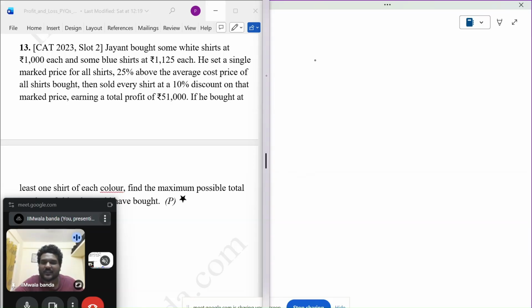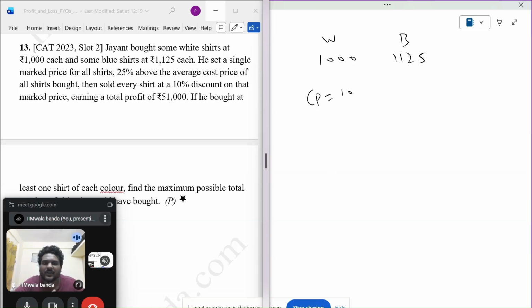Question 13, which is the last question. Jayant bought some white t-shirts at 1000 rupees each and blue t-shirts at 1125 each. He set a single mark price for all shirts 25% above the average cost price of all the shirts. Okay, so let's say he bought W white shirts and B blue shirts.